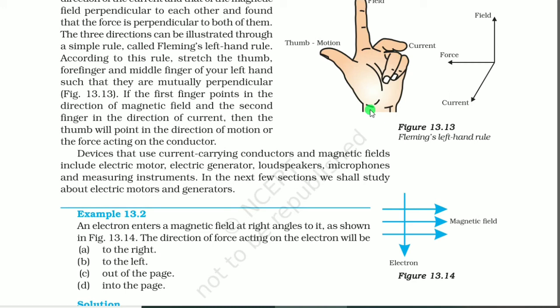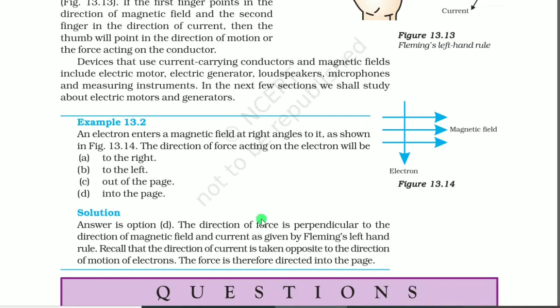I'm just rotating my hand and it will now be upward, because now we have aligned the index finger along the left to right direction and we have aligned the middle finger in the vertically upward direction. Then automatically the remaining finger, that is the thumb, gives the direction that is towards the page. So the answer will be into the page.